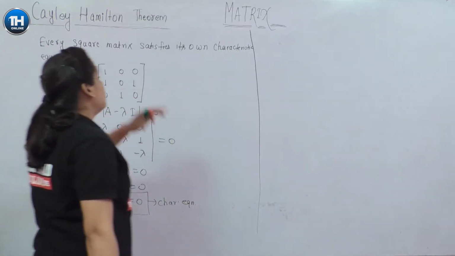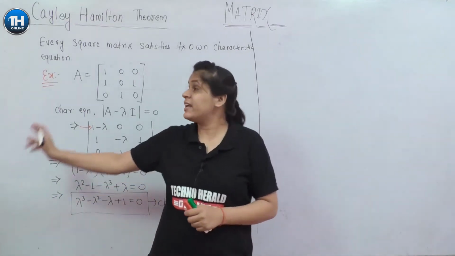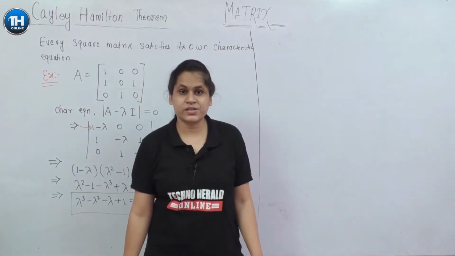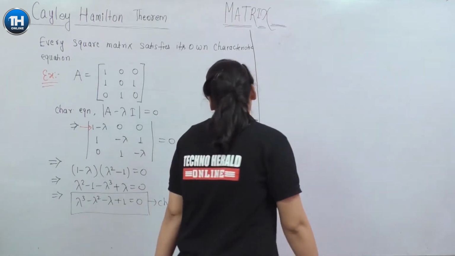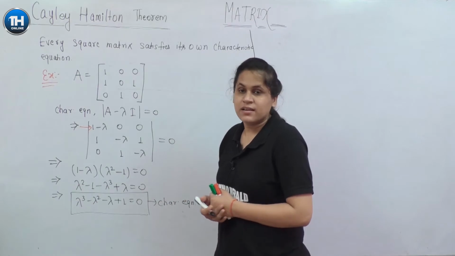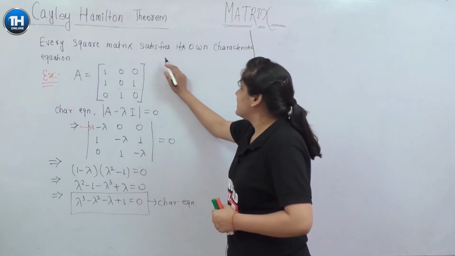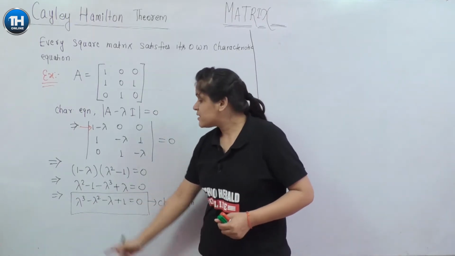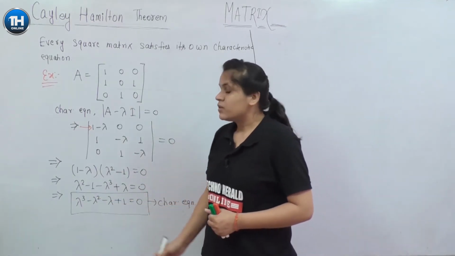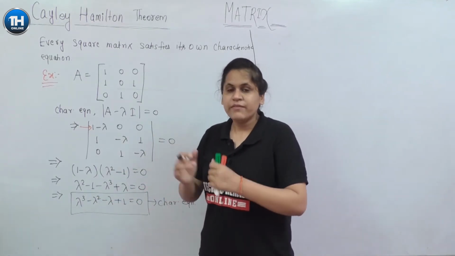Now Cayley-Hamilton theorem states that every square matrix satisfies its characteristic equation. So if lambda is satisfying its characteristic equation, then A will also satisfy. Means if you put lambda equal to A in the characteristic equation, the equation will be satisfied.